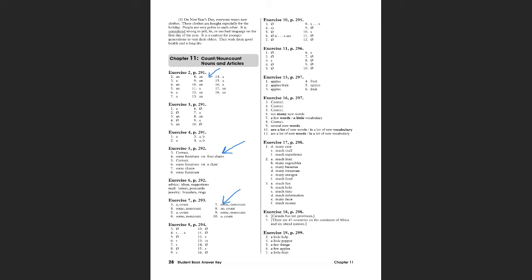Number 5, a count. Number 6, some non-count. Number 7, some non-count. Number 8, a count. Number 9, some non-count. And number 10, a count. Yeah, all of those are correct. Good. And number 3, A, and then count. Yes.